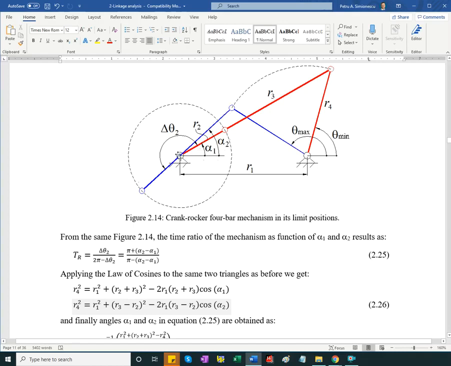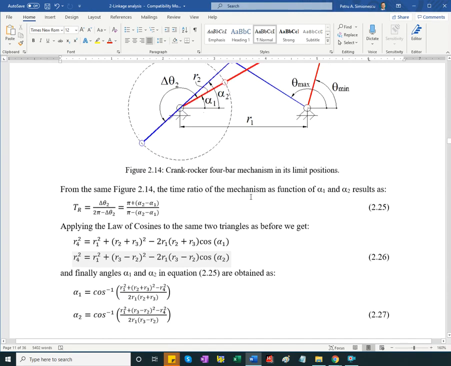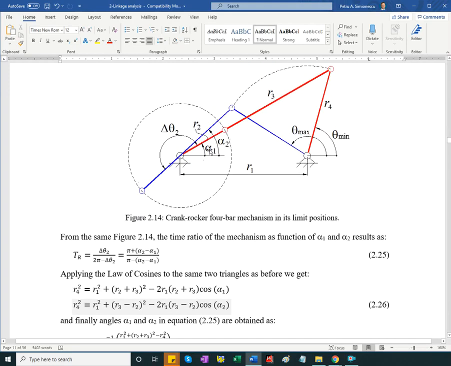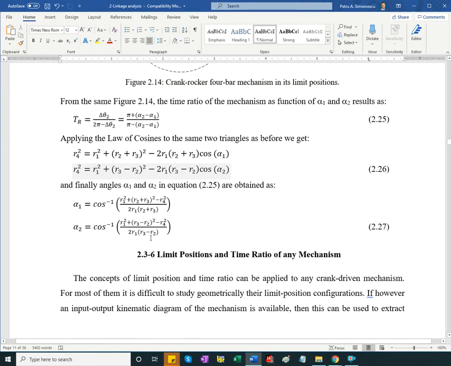I apply the law of cosines in the red triangle for alpha 1 and in the blue triangle for alpha 2. Again, take the difference between the two, add it to pi to get delta theta 2, and implement this equation. Okay, so this was for the 4-bar.